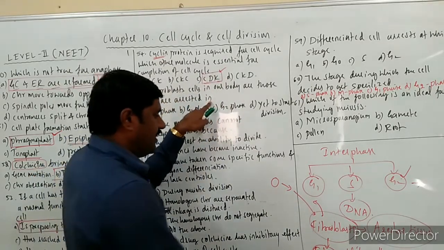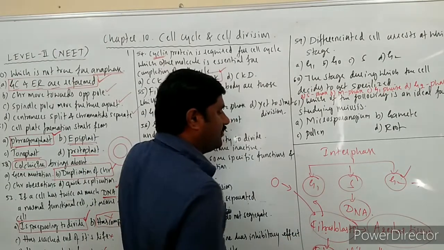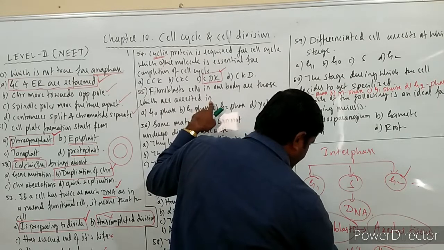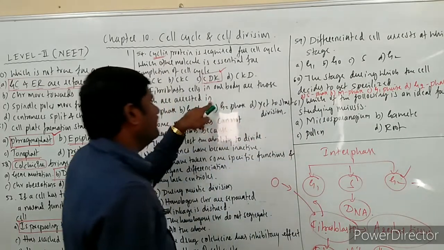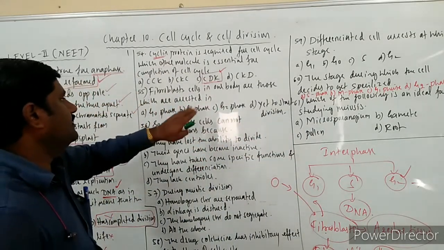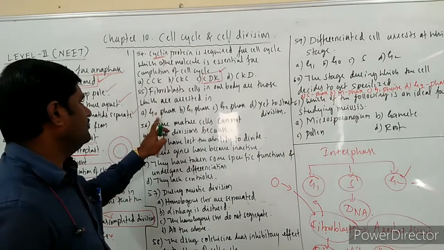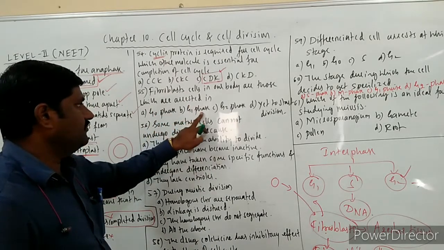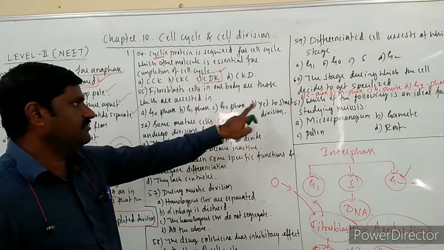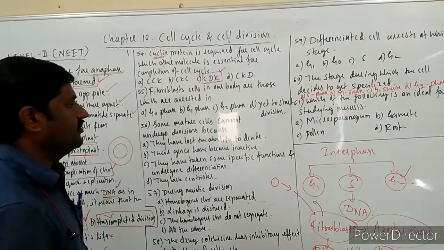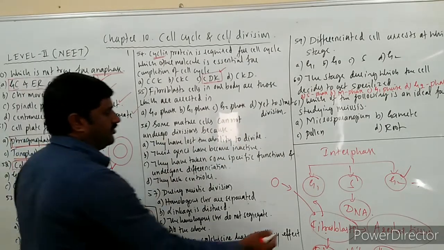And these fibroblasts, which are branched cells, usually produce the collagen as well as elastic fibers over here, and they are arrested usually in. So here G0 phase, G1 phase, G2 phase, yet to start division, right? There is no division that occurs in fibroblast.